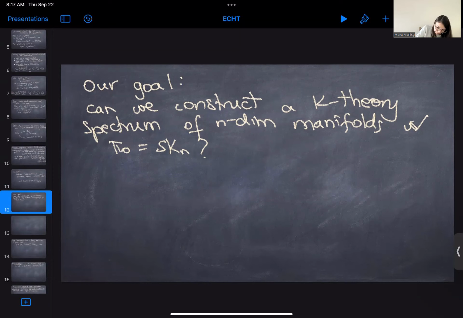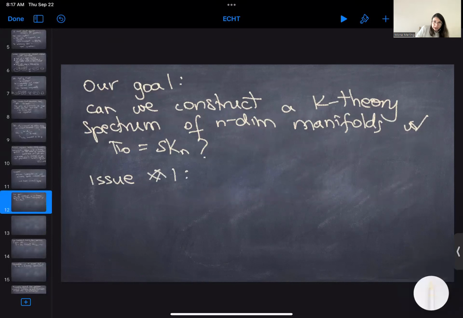So the first issue that shows up as we start thinking about this is that, of course, the pieces in a cut and paste. If you think about polyhedra, if you cut a polyhedron into subpolyhedra, the pieces are also objects in your category. Same for varieties. If you cut the varieties into subvarieties, you still have varieties as your pieces.